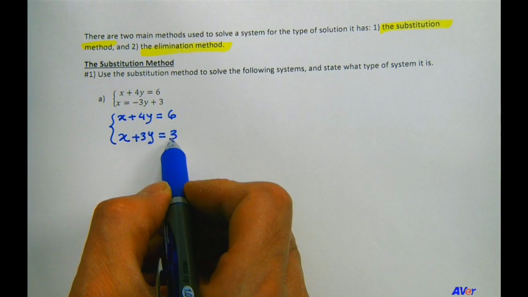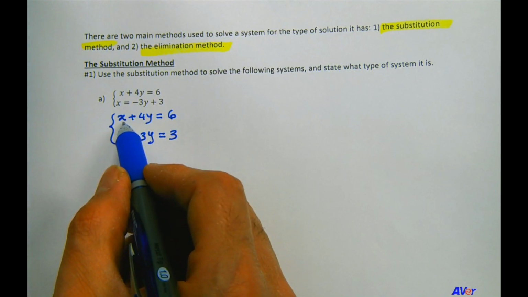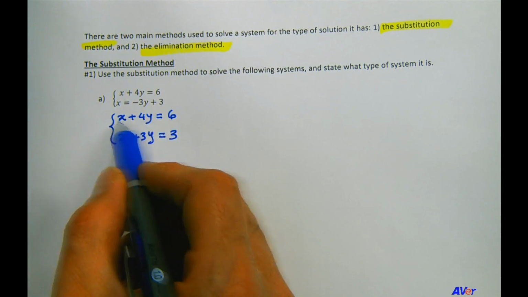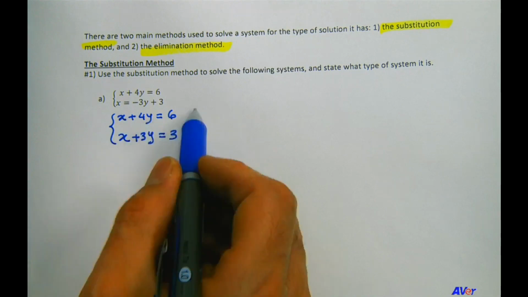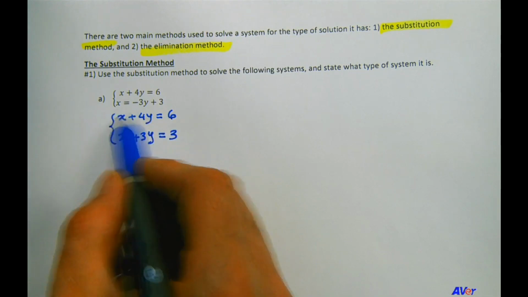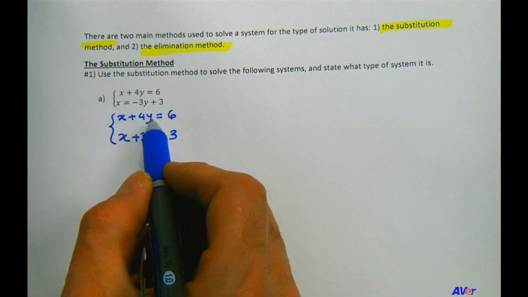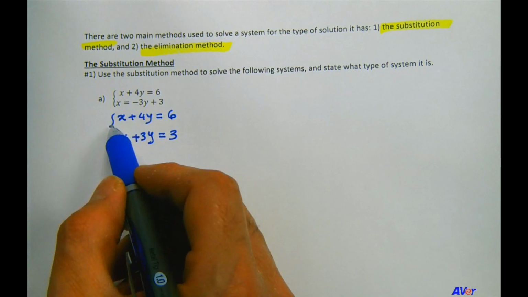The other thing you should notice is that the order of variables is consistent with x, y, or if you had three variables, x, y, z, and so on. So we would not want to have 4y here and plus x here. The variables should be in order, and they should be on the same side, on the left.